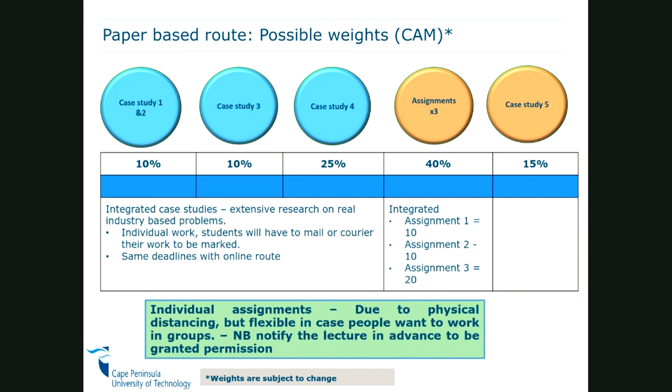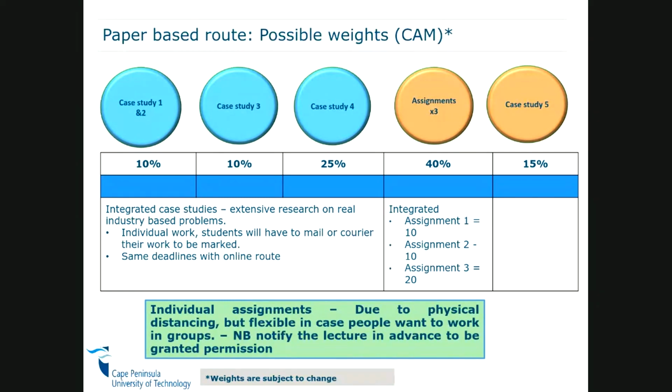And then the student would be expected to either email your work or courier it back to CPUT. You send it via post to the department. So you send all your case studies to the department, right?